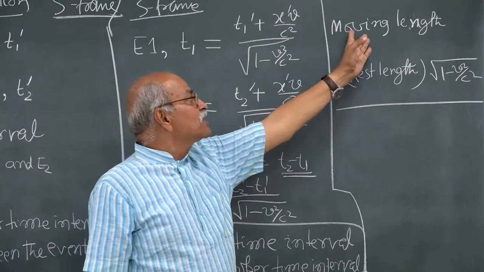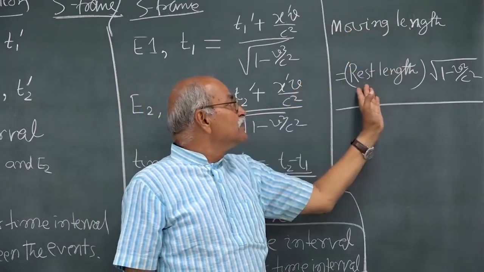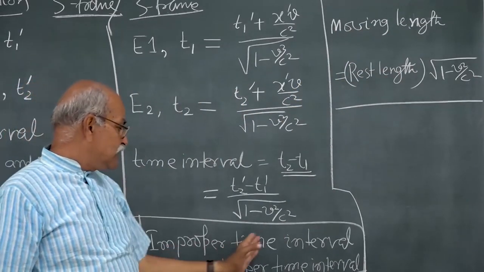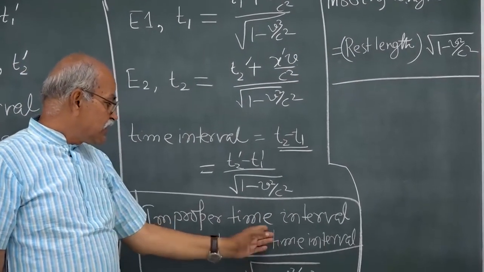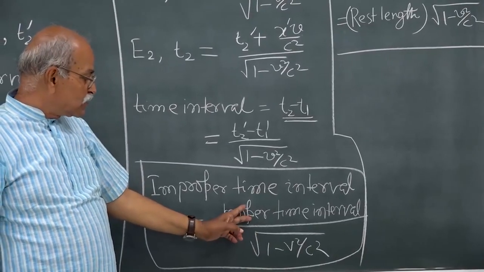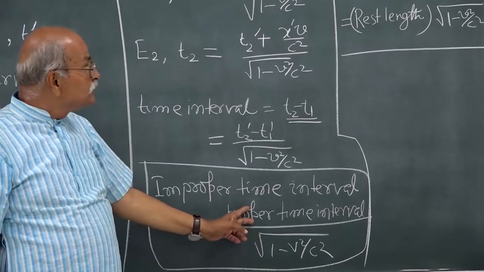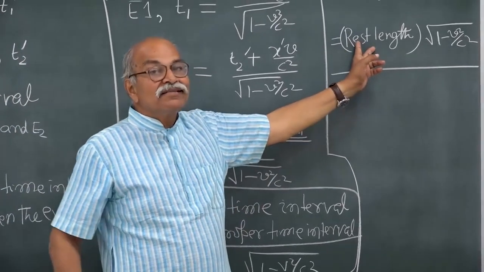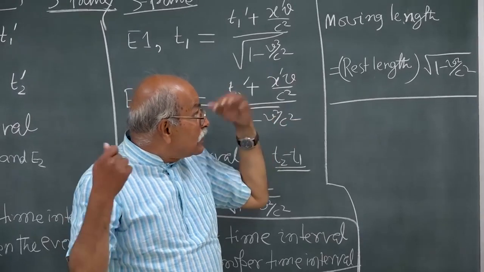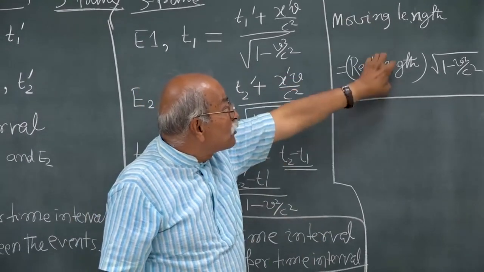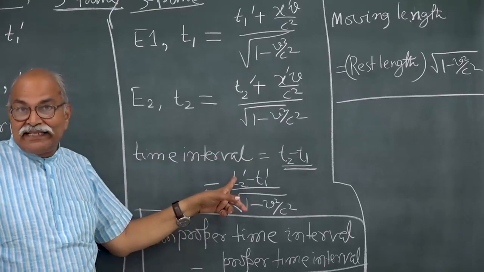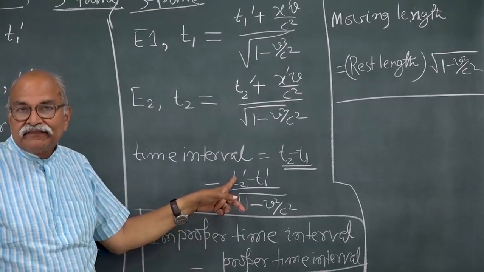So, the improper length is smaller than the proper length, and here the improper time interval is the proper time interval divided by this. So, the proper time interval is the smallest time interval and the rest length is the largest length, and always remember your formula in these forms, not in these other forms, because S and S prime is our choice.